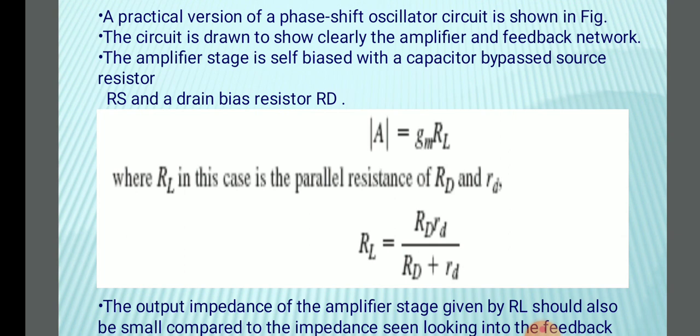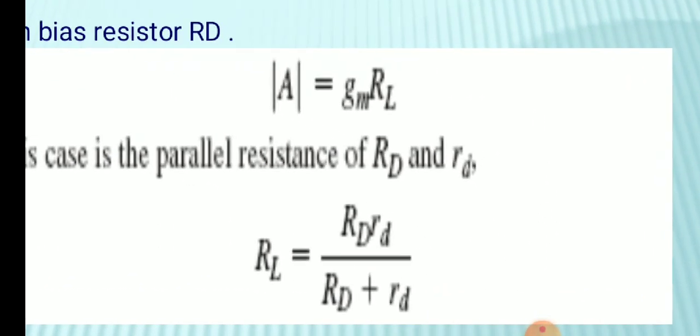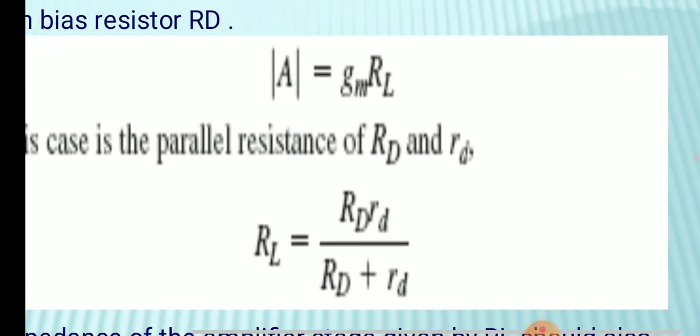So the magnitude of gain A, that is the standard gain of the amplifier we studied, is GM into RL, transconductance into load resistance, where RL in this case is the parallel resistance of RD and small rd.